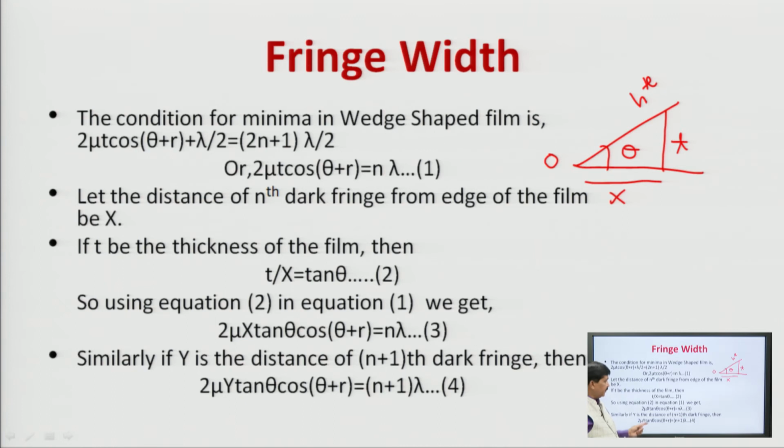Similarly, if y is the distance for the n plus 1 dark ring, then we may write 2 mu, tan theta will be t upon y, or y tan theta, for thickness t. We will write here 2 mu y tan theta cos theta plus r is equal to n plus 1 lambda, because we have the n plus 1 dark ring.